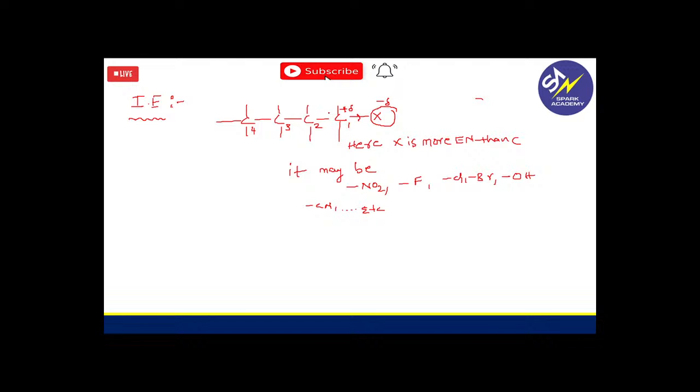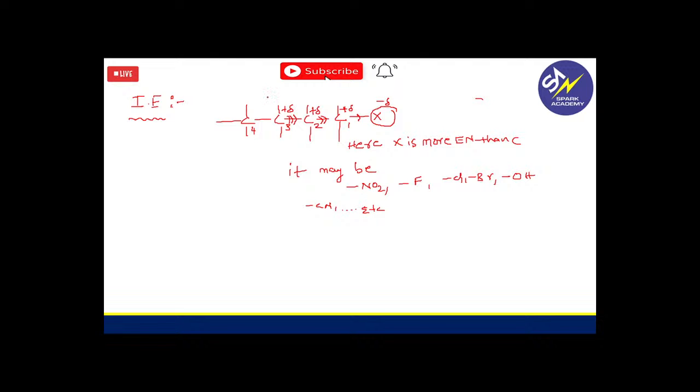It again attracts the bond pair of electrons towards itself, which develops a positive charge on the C2 carbon atom. In the same way, the electronegativity of the C2 carbon atom increases, it also attracts the sigma bonded electrons towards itself, and forms a positive charge on the C3 carbon atom.